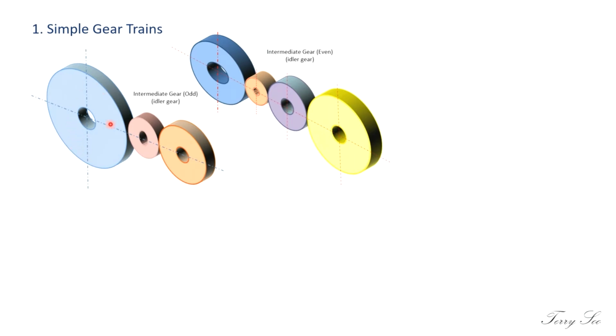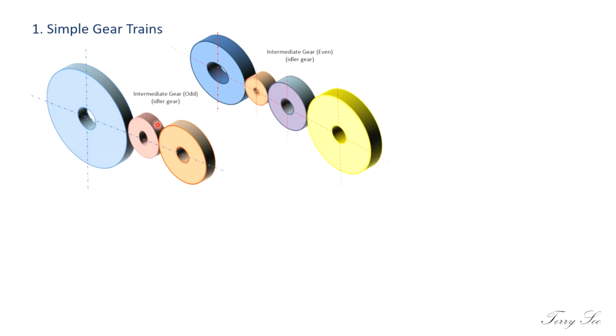If you choose the blue to be the driver, then the direction of motion should be from the blue to the brown, and from the brown to the orange gear. So it depends on which one you choose to be the driver. If you choose blue to be the driver, then the orange one should be the last driven gear. Driven and driver.